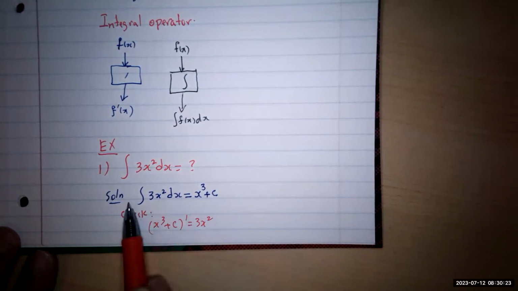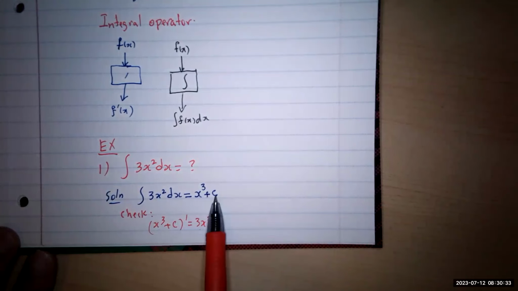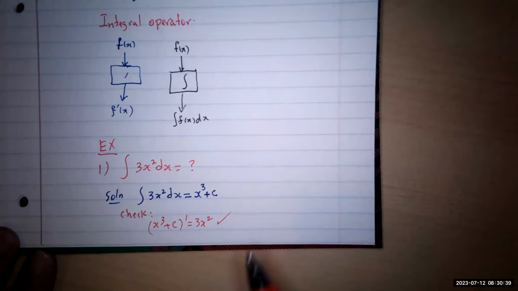Or if you differentiate both sides, the derivative of the antiderivative is just the function, 3x squared, and the derivative of the other side, x cubed plus c, is 3x squared. So both of them are the same. This is the checking. There are some of them in your book where they ask you to check, but we don't ask you to check this. Any question? We are going to give a formula in a minute to find it, but we want to guess.